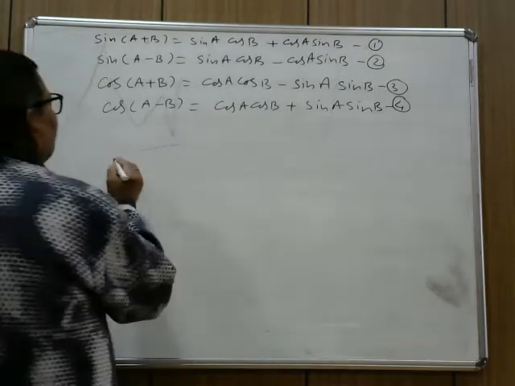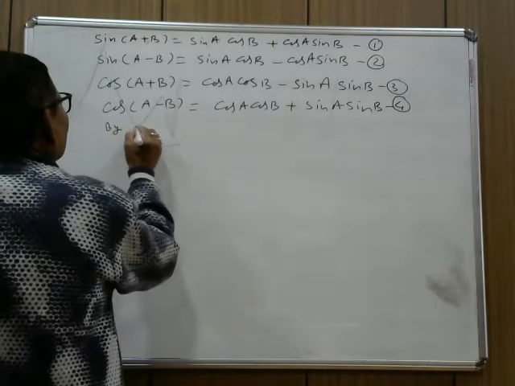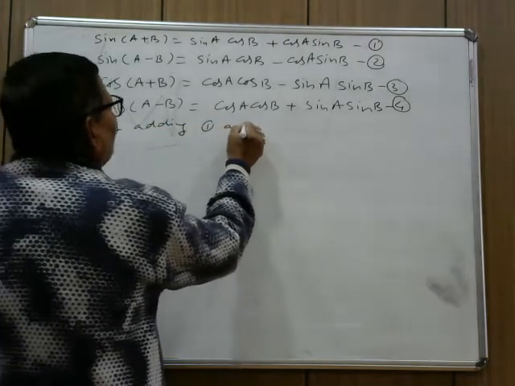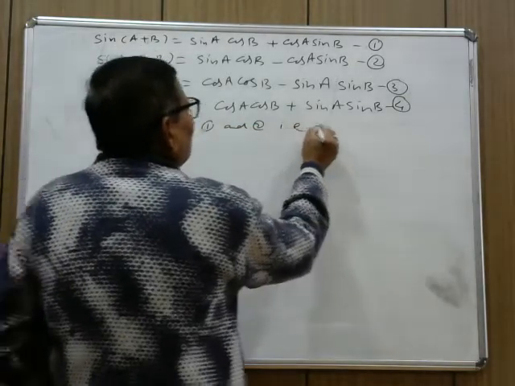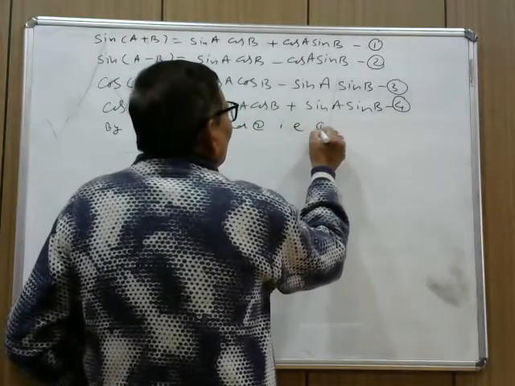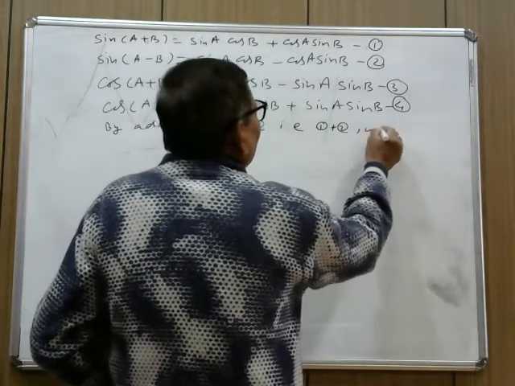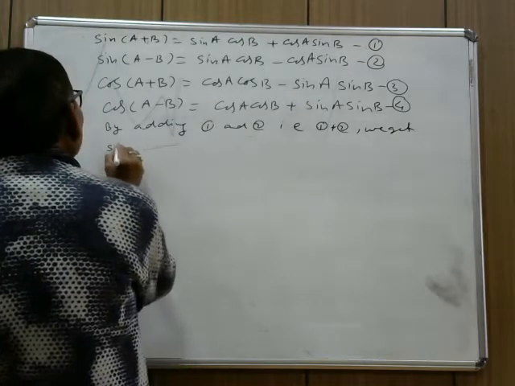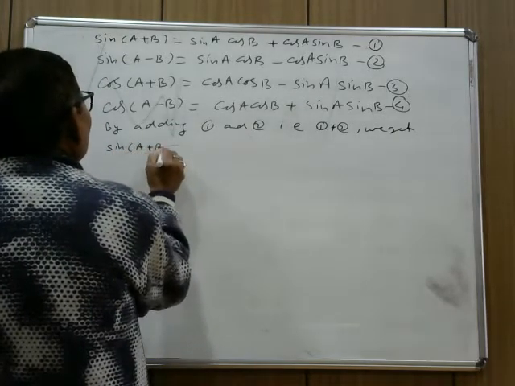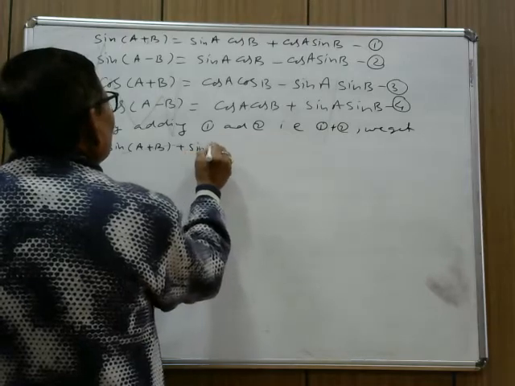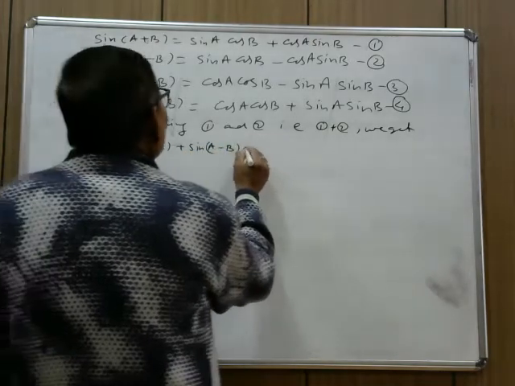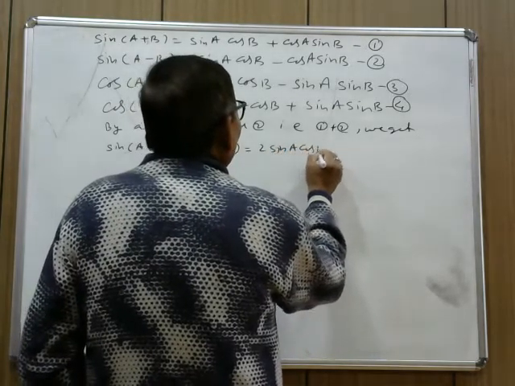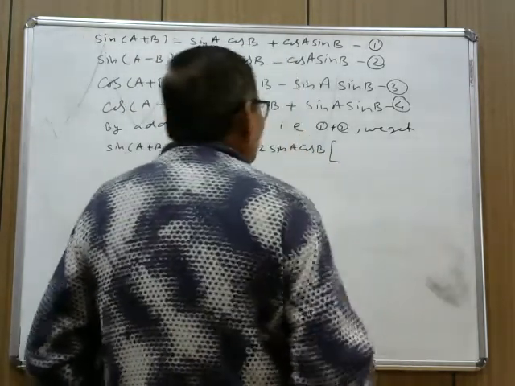Again, four formulas. By adding 1 and 2, that is 1 plus 2, we get sin A plus B plus sin A minus B is equal to 2 sin A cos B. This is the formula.